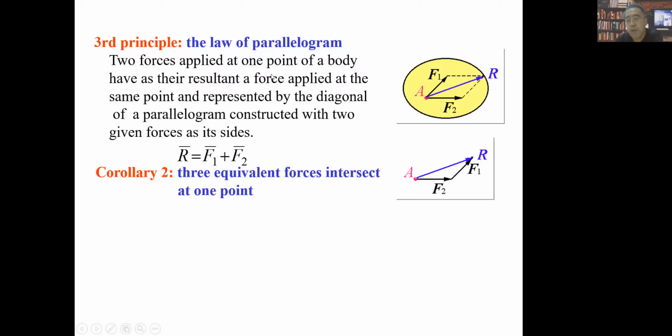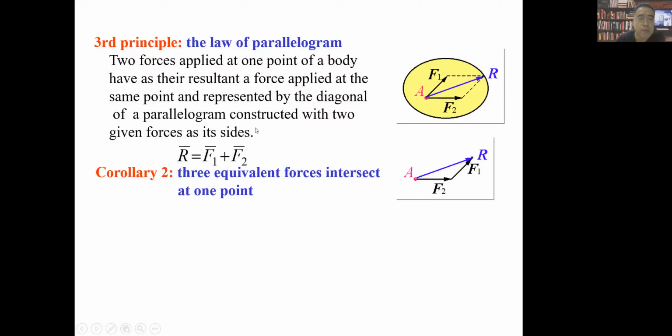If we draw a parallelogram, we can find a force called R or FR. This force, with this magnitude and this direction, will have the same effect as F1 plus F2 on the body. Do you know what I mean?